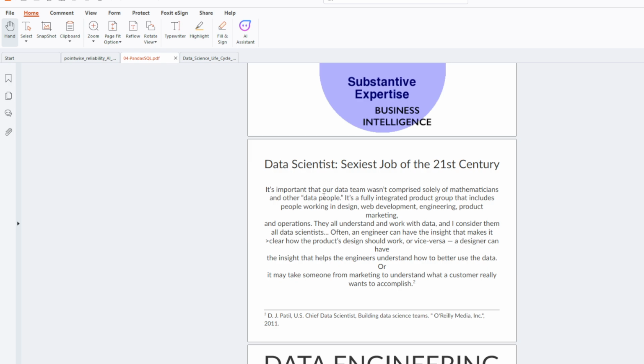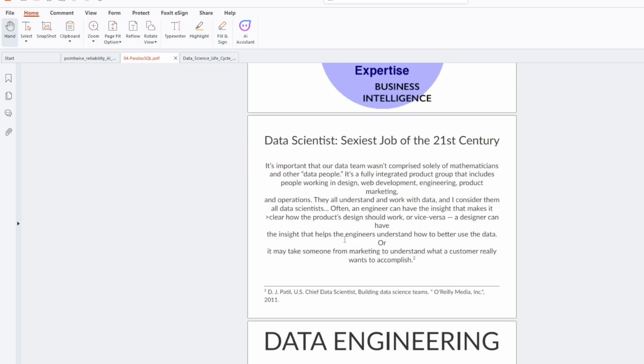Now, it has been established by a world magazine that data science is the sexiest job of the 21st century. So the question someone will be asking is, why do they say it was the sexiest? I don't think it is now, but probably from 2015 to 2018 it was the sexiest job.